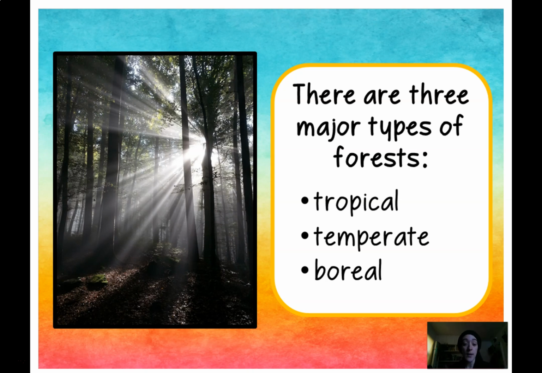Temperate forests are the type of forests that we have here in Colorado, the mild forests that do see winter still, and you have a combination of deciduous and coniferous trees. And then you have boreal forests, which are more in the Arctic regions, closer to the tundra, colder environments where there's lots of snow and a little bit less life. Fewer animals because it's harder to survive there.